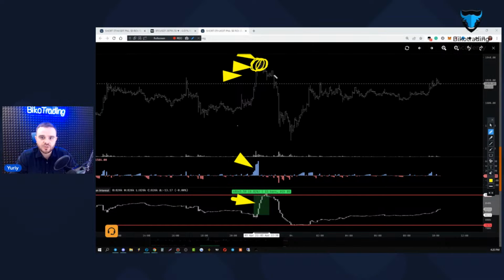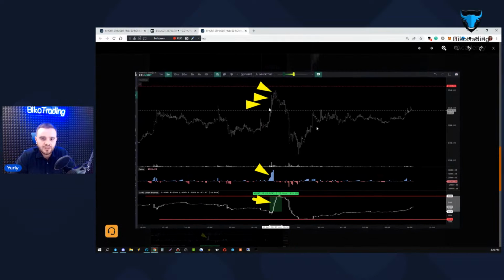Based on that, we took a short. Sadly, price didn't hit my target that was here, and it reversed. But still, the idea was beautiful. And I would like to see your ideas why we took a short here when we saw super positive delta exactly here.